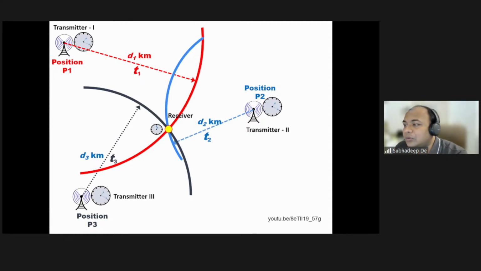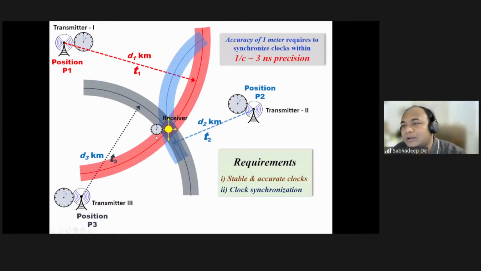Okay, but then what do we need if I have to find out the location of a particular device? Basically, all these transmitters as well as the receiver have an internal clock. These clocks have to be stable enough so that they don't deviate from their timekeeping, and also have to be synchronized.